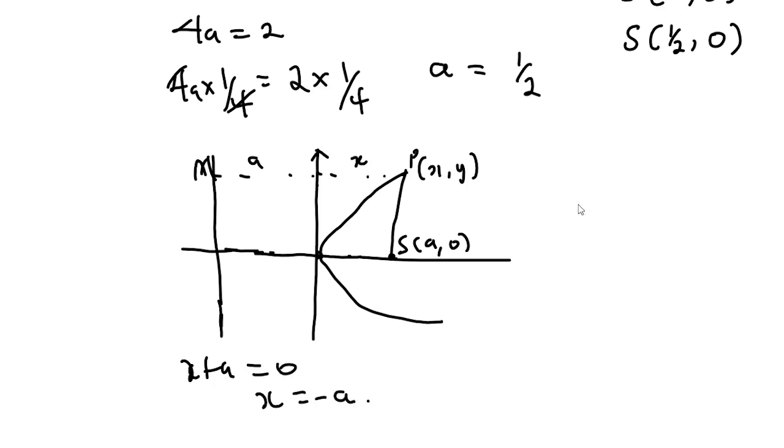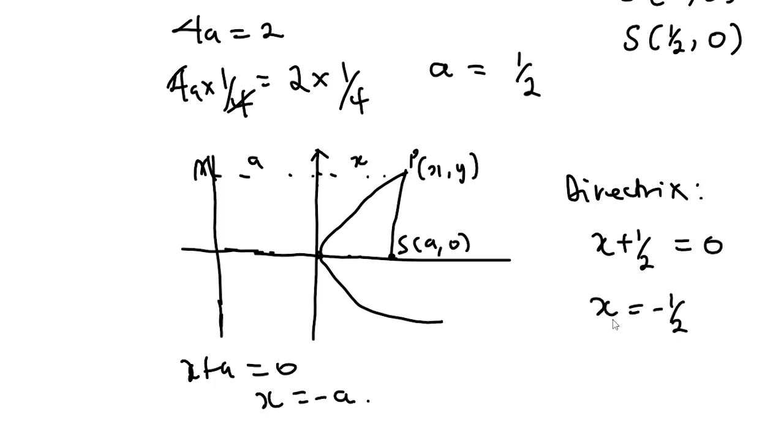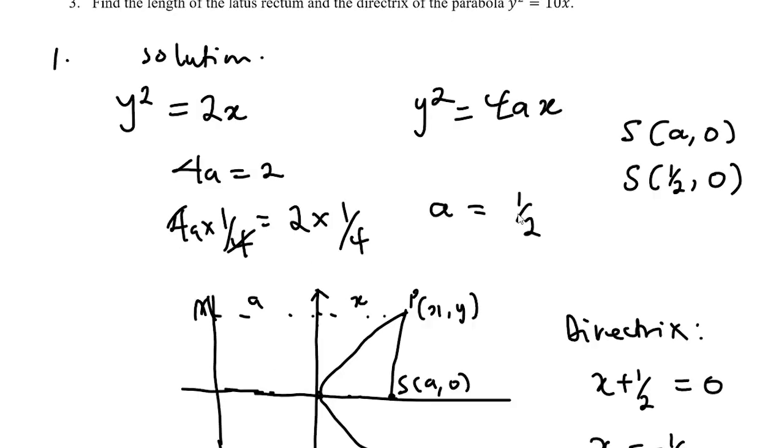So from here, the equation of the directrix, let me write it here: we have x plus 1 on 2, which is the a, equal to 0. Then our x will be equal to negative 1 on 2. And that one becomes the equation of the directrix.